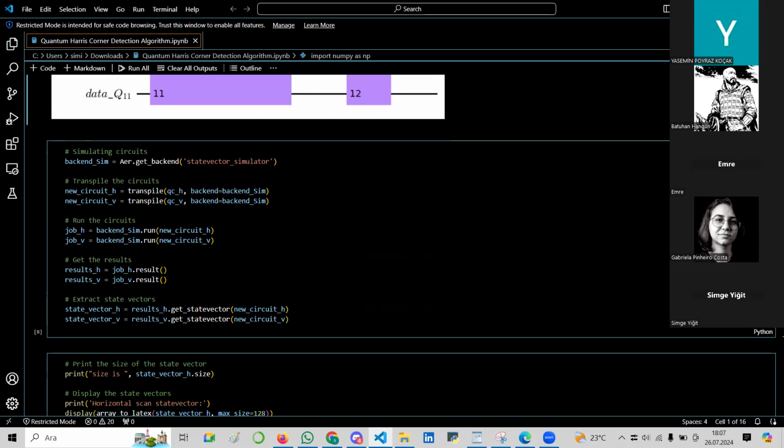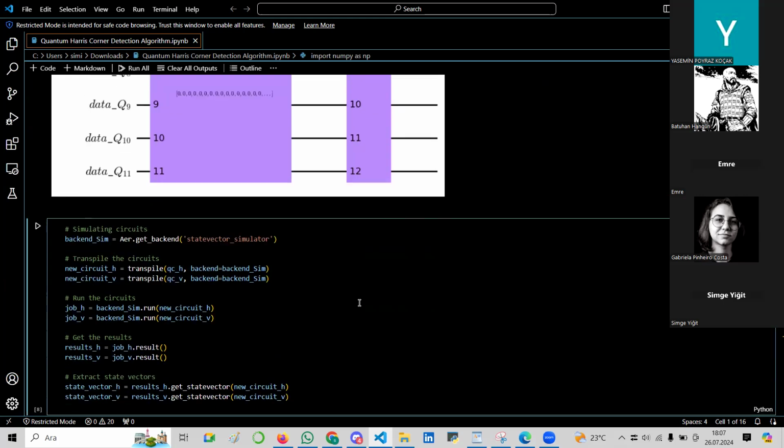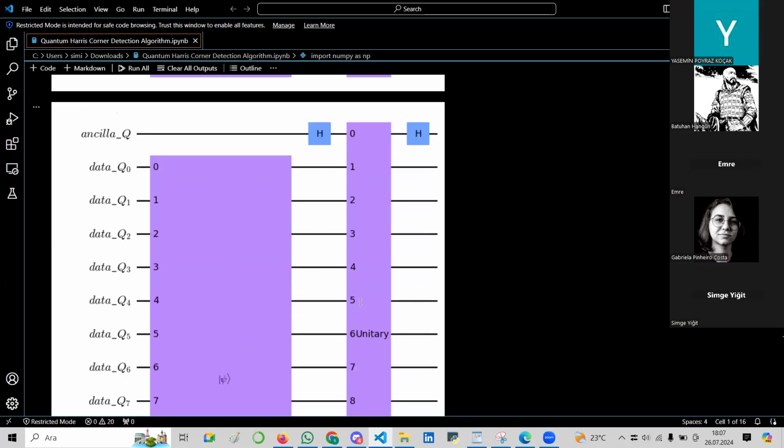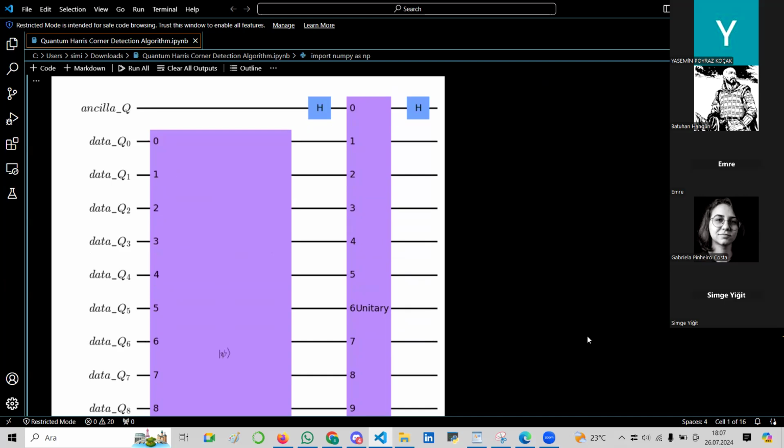Can you share it? I want to see the picture. Okay. This unitary function is the swap test? No, it's not a swap test. It's the permutation unitary. It circularly shifts the amplitude.